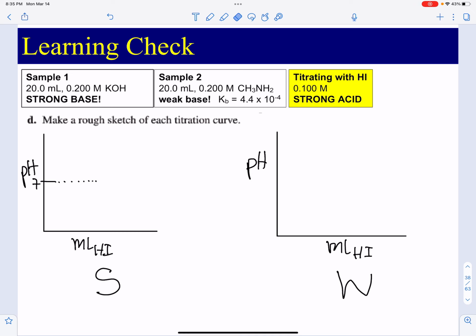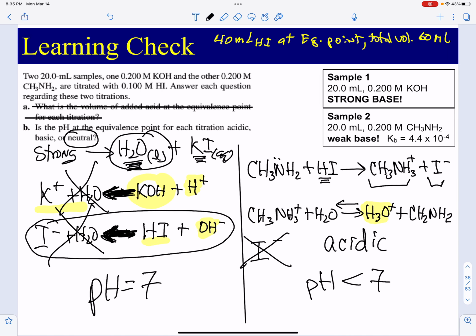So I'm going to try to do this kind of halfway on that line. And the other one, we knew it was basic from the previous problem, right? So we know it was going to be, actually not basic, it was going to be acidic.